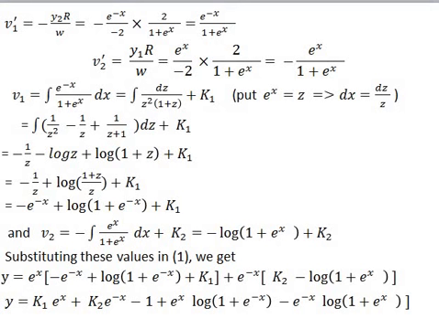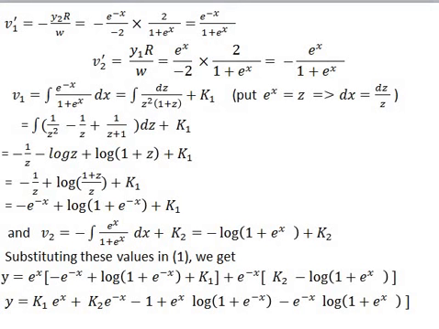We know that z is e to the power of x. So 1 over z is e to the power of minus x. So minus e to the power of minus x plus log of 1 plus e to the power of minus x plus k1. And we calculate v2, that is v2 is equal to minus of the integral of e power x divided by 1 plus e power x into dx plus k2, here the numerator is the derivative of the denominator, so logarithm of 1 plus e to the power of x plus k2.